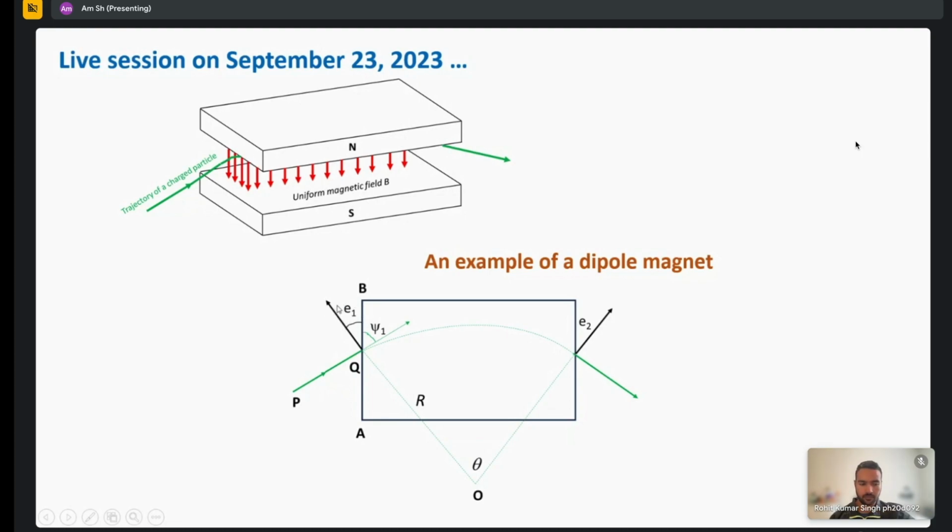This E1 is known as the edge angle. This edge angle actually decides what type of focusing, defocusing or no action there will be in the vertical plane for a particle. How will we see that? At the exit also, there will be some edge angle E2, but for clarity we will see only this part. The same theory will be applicable there also.